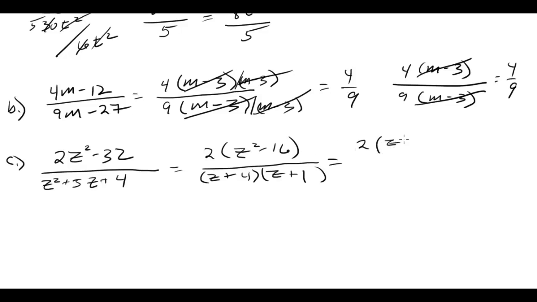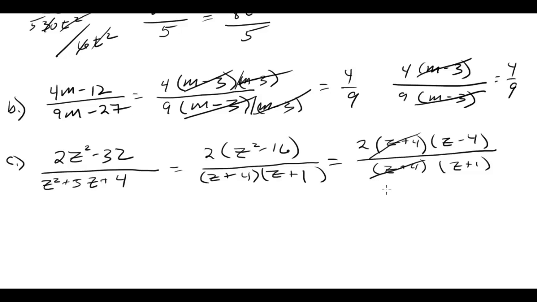So this is going to be z plus 4 times z minus 4 over z plus 4 times z plus 1. Now technically I'm going to divide these by the greatest common factor, which is z plus 4 over z plus 4. But I can see by looking at it that this and this are going to be 1.